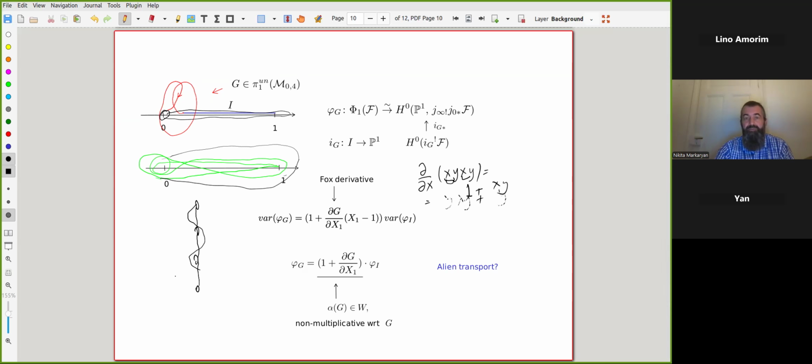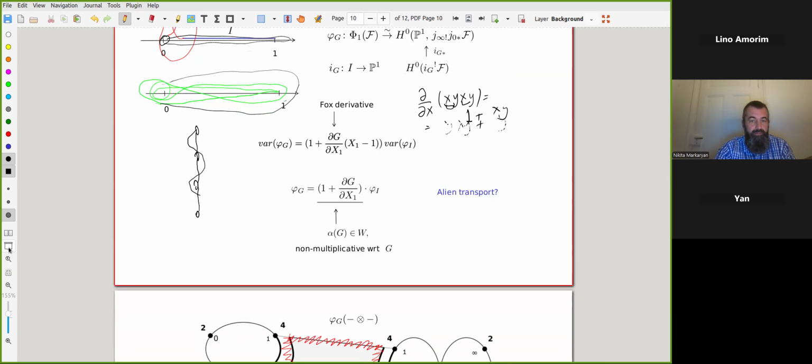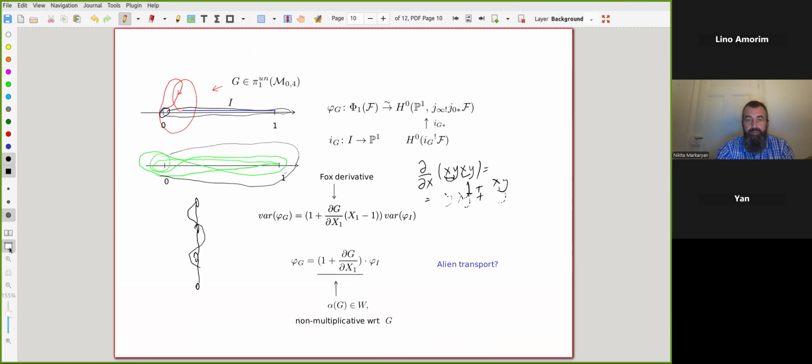So the idea is that we have another isomorphism, which is given by this formula, if you wish, and observe that this guy differs by action of some element in this W given by this formula.